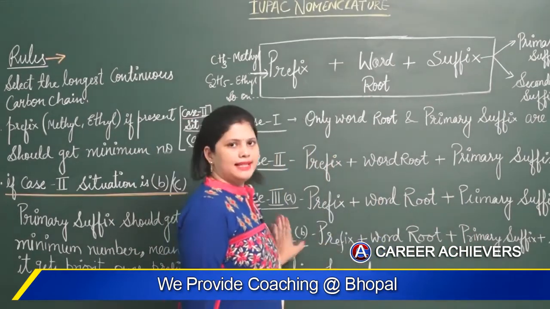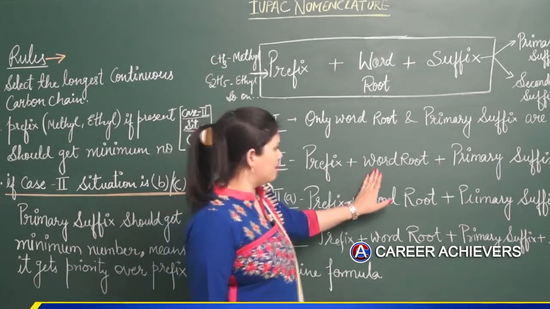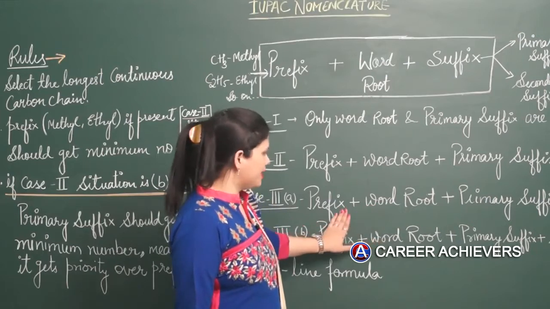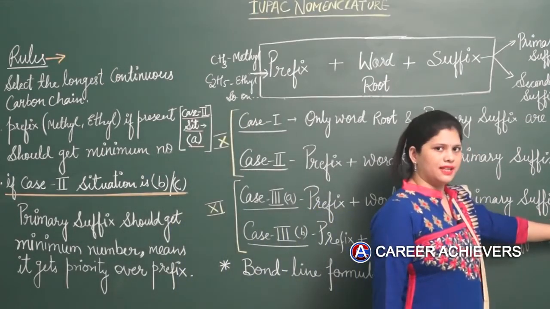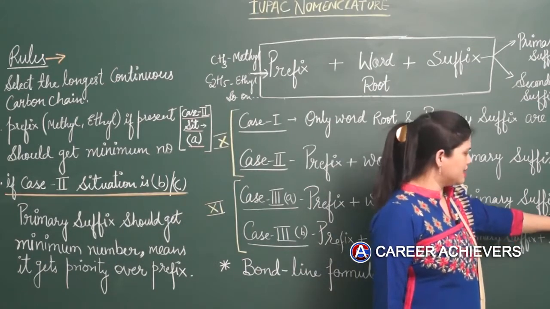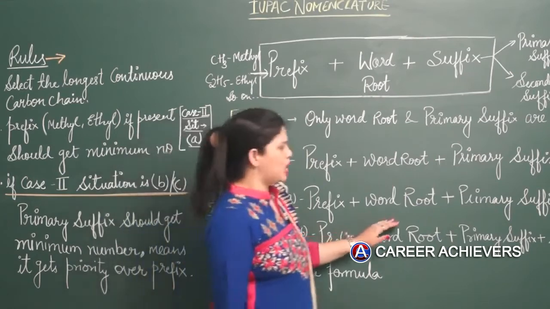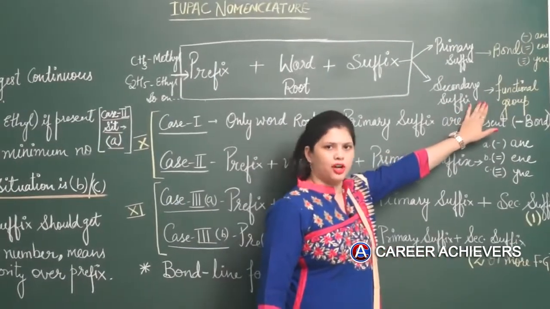Fine. Next is case number 3, condition number 1. If you have the above condition as it is, like word root, prefix, primary suffix, but now your secondary suffix is also there. I have called it case number 3A because herein we are taking into account the secondary suffix, which is your functional group.